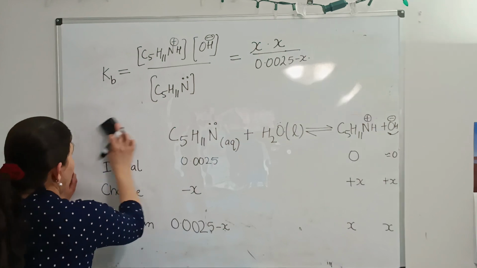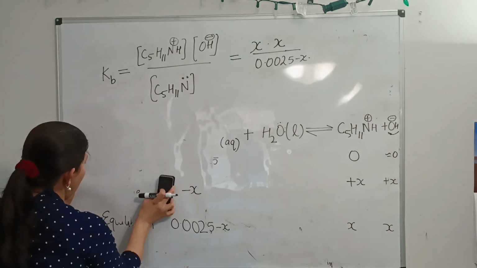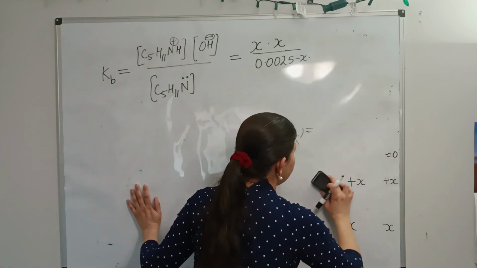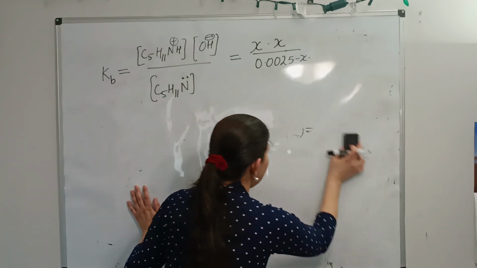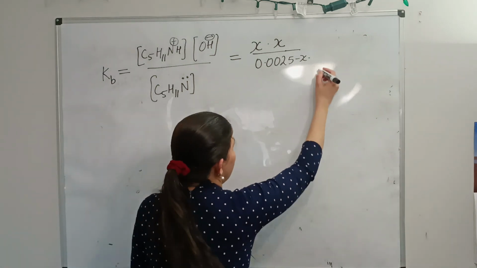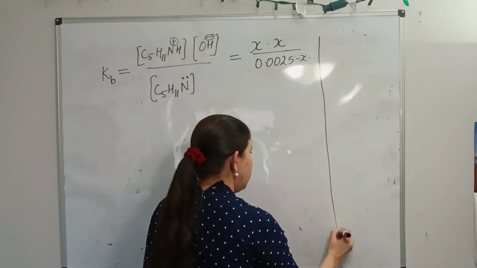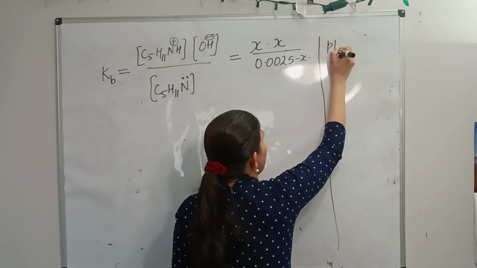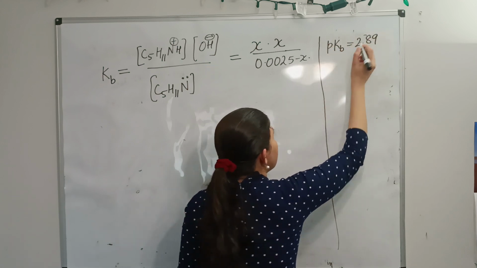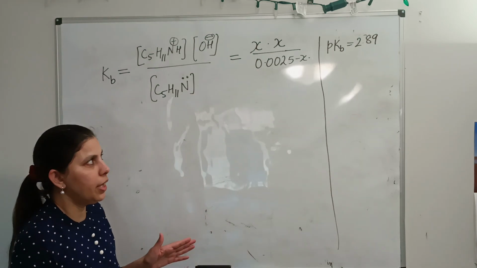We know that pKb is given to us and its value is 2.89. We will use this value to calculate Kb.